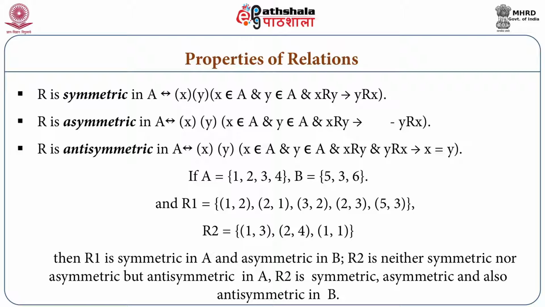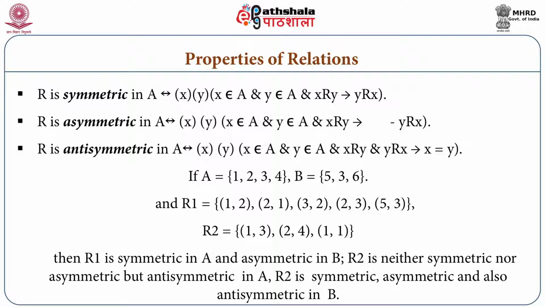Is there any relation starting with 5? Yes, the last one, (5,3). Is there (3,5)? No. Anything with 3? (3,2), yes. Is there a (2,3) relation? Yup. But again here, 2 is not a member of B, in which case we'll pass it. 6, anything started? No, 6 is not even occurring in the relation, so we rule it out.